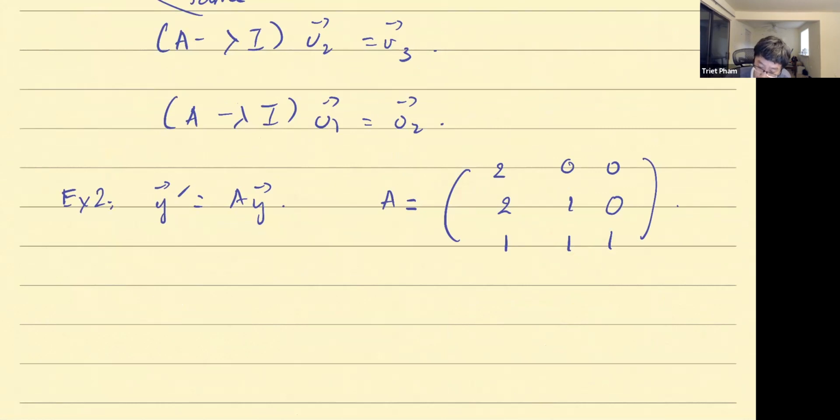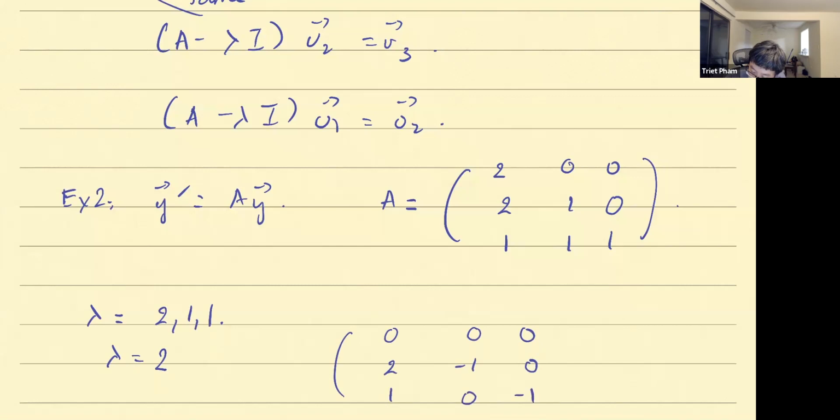So first, what are the eigenvalues? The eigenvalues are still 2, 1, 1. When lambda equals 2, what do I get? I get (0, 0, 0; 2, -1, 0; 1, 1, -1).